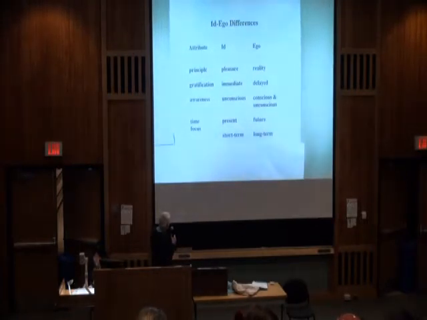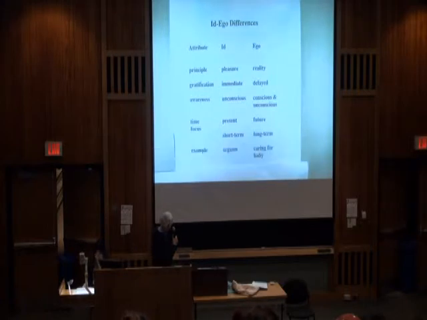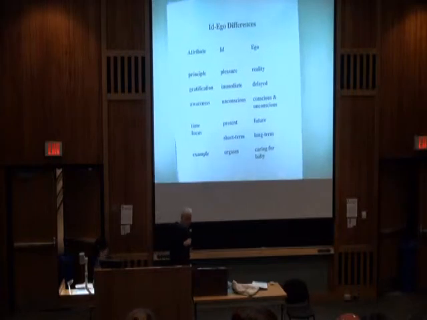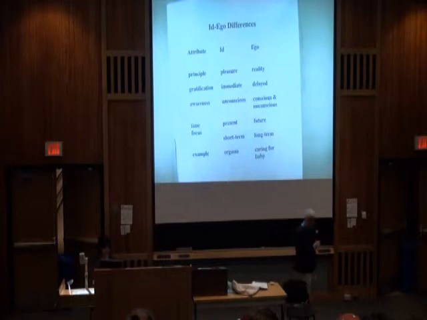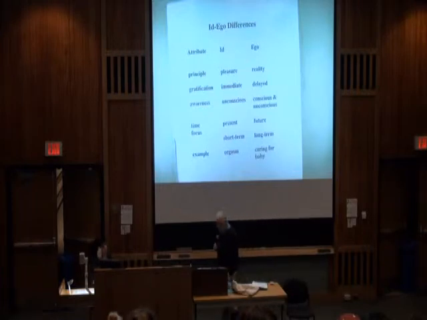Short term, long term, and then the last one. That's the example. The id says, let's go for the orgasm, and the baby is on its way. So you have to be careful in delaying gratification.